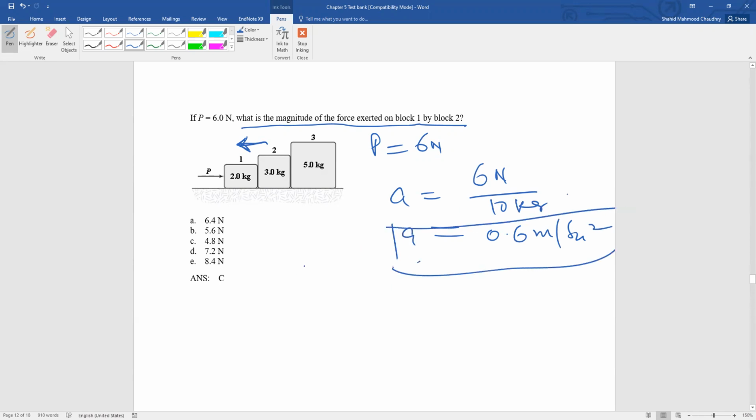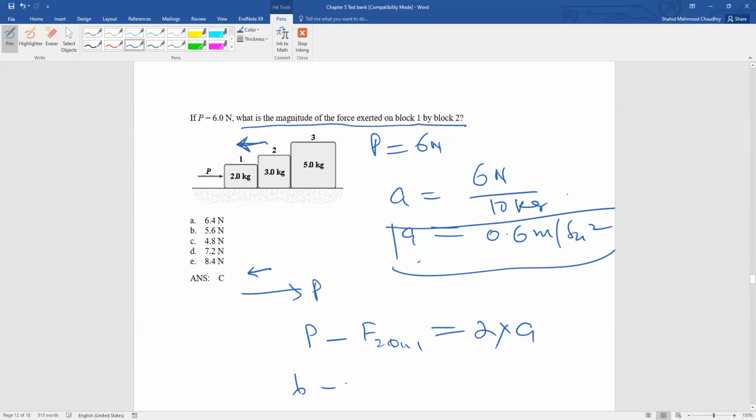No problem. Now we want to write the equation for block 1. The force P is acting in this way, and the force from block 2 is acting in this way. So we write P minus F2 on 1 is equal to mass times A, which is 2 into 0.6.